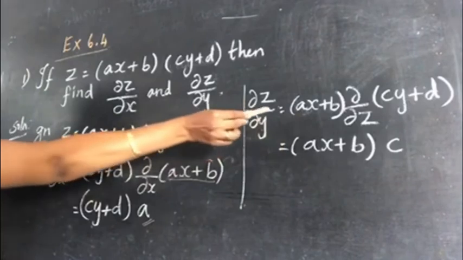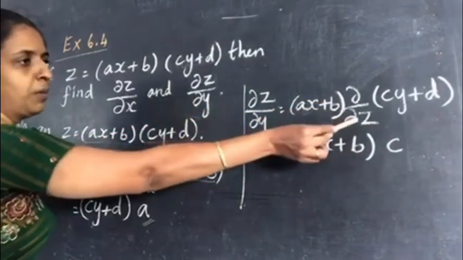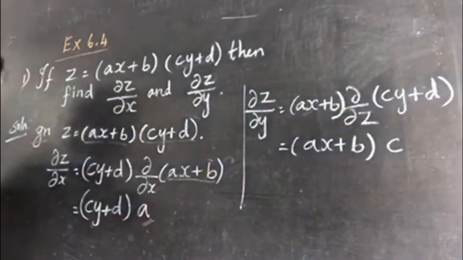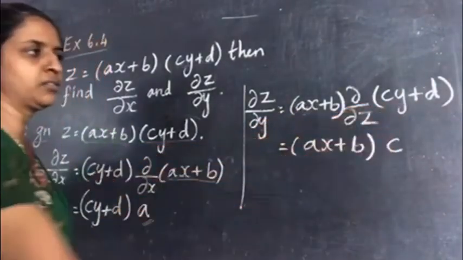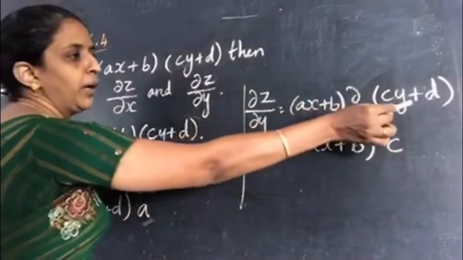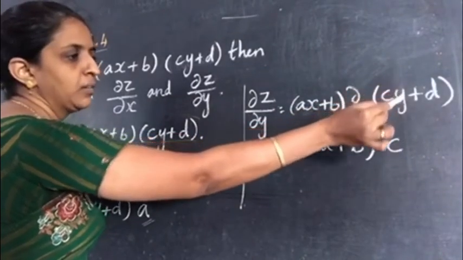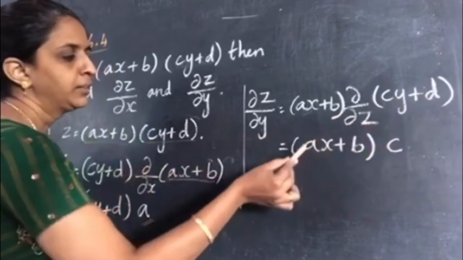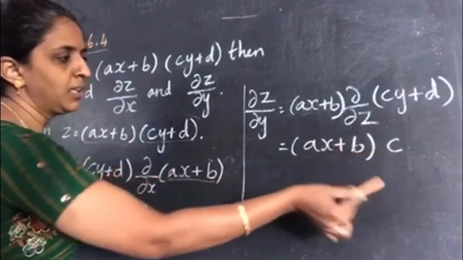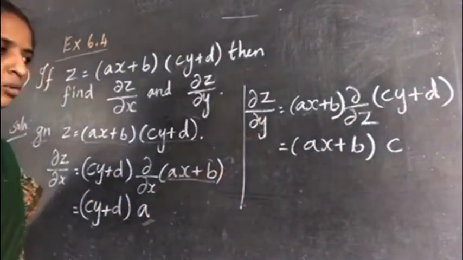So, ax plus b is constant, dou by dou y of cy plus d. So, ax plus b, what is the differentiation of cy plus d? cy, differentiation of y is 1, so it is c. Differentiation of constant d is 0. So ax plus b into c is dou z by dou y.